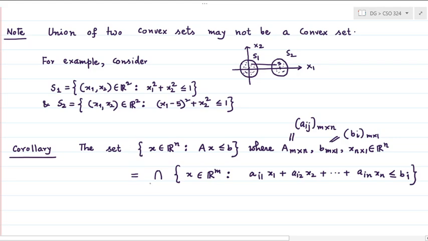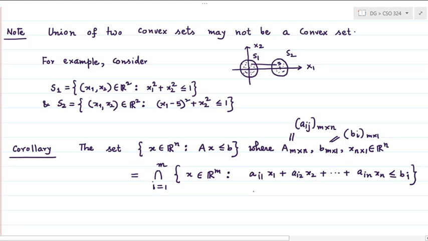And therefore it is the intersection over i equal to 1 to m, and for every i, the set I have written after the intersection is just a half space, and any half space is a convex set. So it is the intersection of m many half spaces.